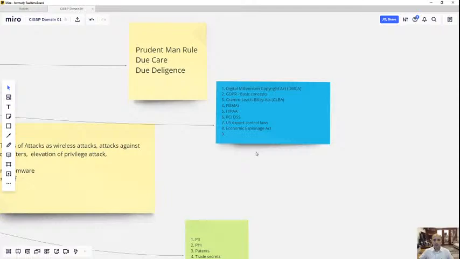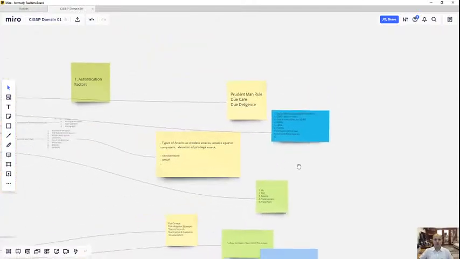Once we implement that, what exactly the impact will be, we will cover here.